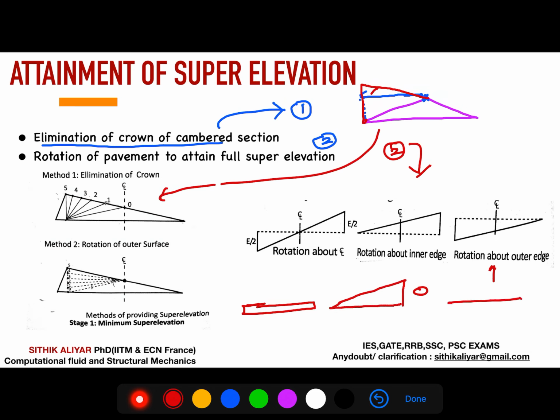Or you can raise the inner edge. So our purpose is only to have a theta, right? The attainment of super elevation is nothing but having the theta or super elevation in the road. So if I raise the outer edge, I will have that super elevation. If I raise the inner edge, I will also have that super elevation. Or if I rotate with respect to the center line, see, this is a straight road, I will do something like this.